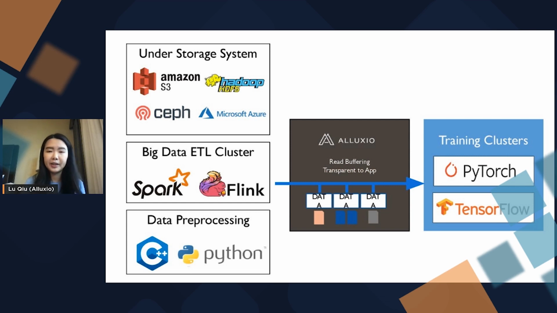All those data sets can be directly read through and loaded by Elastic, which provides the caching capability for our training jobs. So the training jobs can read the data repeatedly from Elastic to speed up the whole training process.